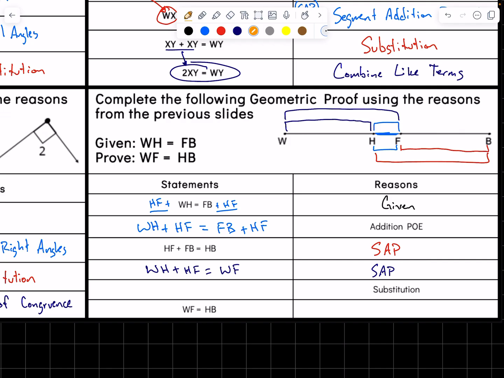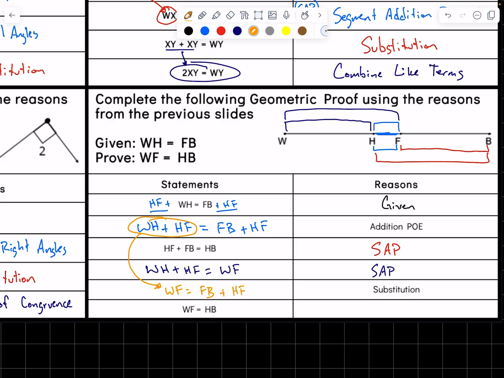And then with substitution, let's take a look at this. I know that WF equals FB plus HF. Essentially what I'm substituting here is I'm taking away WH plus HF and replacing it with WF.